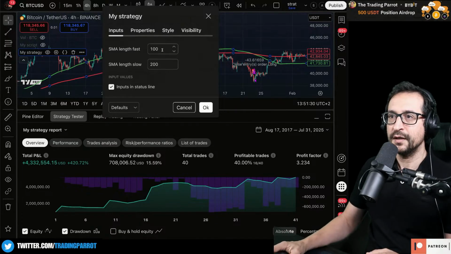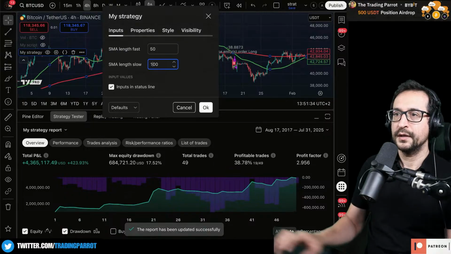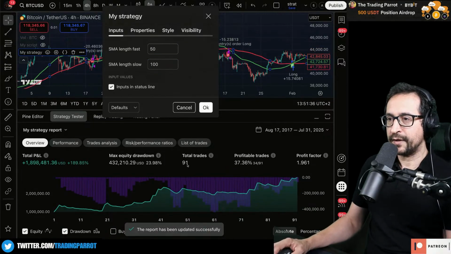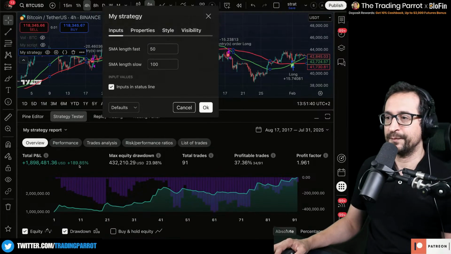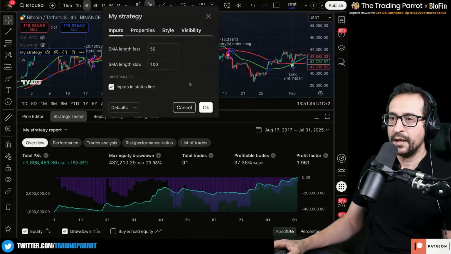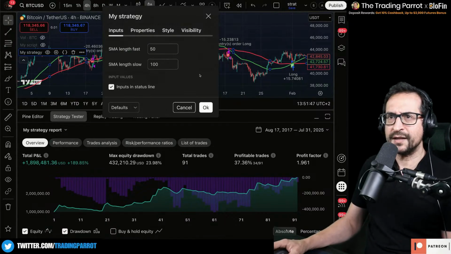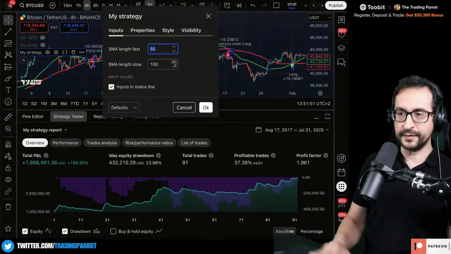Very interesting. With 50 and 100, I forgot, it's almost double the number of trades, half the profit, and 7 to 8% more drawdown, which is not great. That means that on the 4 hour, this 100 to 100 is performing better.